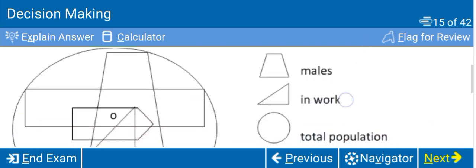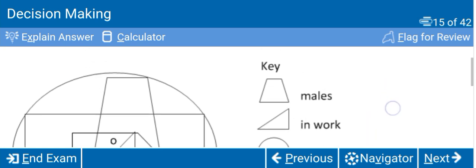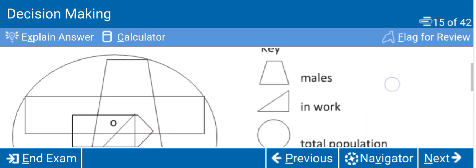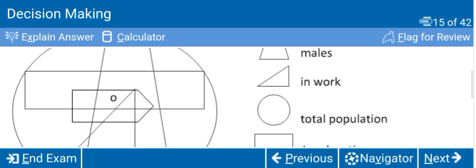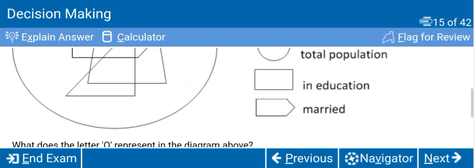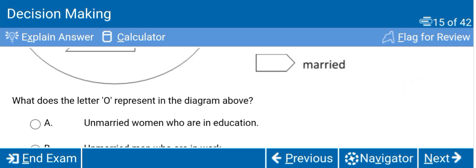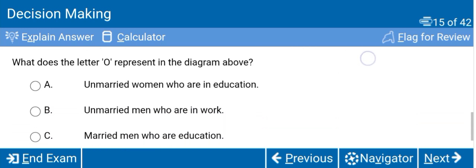So here we have these shapes, and you can see where O is represented. The first shape represents males, the second one in work, third total population, then we have in education, and then married. So what does the letter O represent in the above diagram?